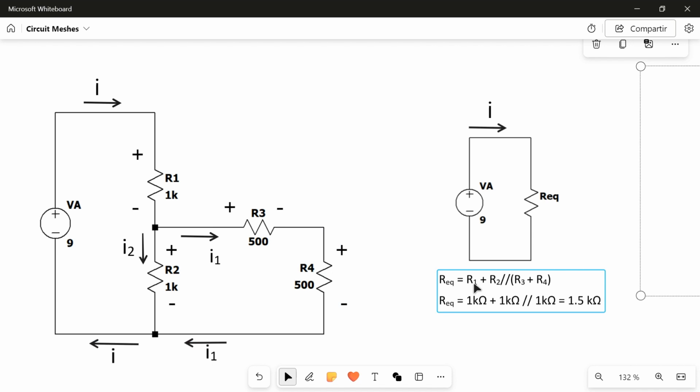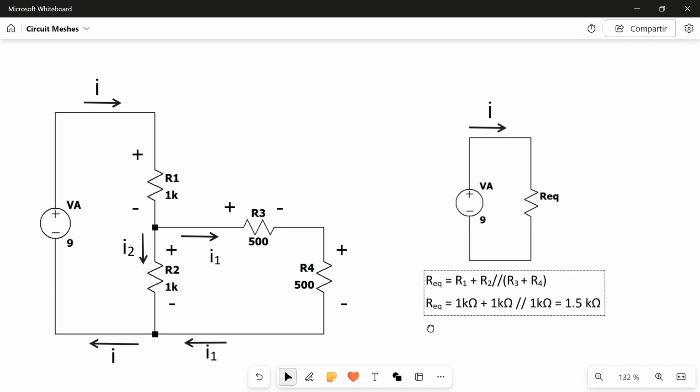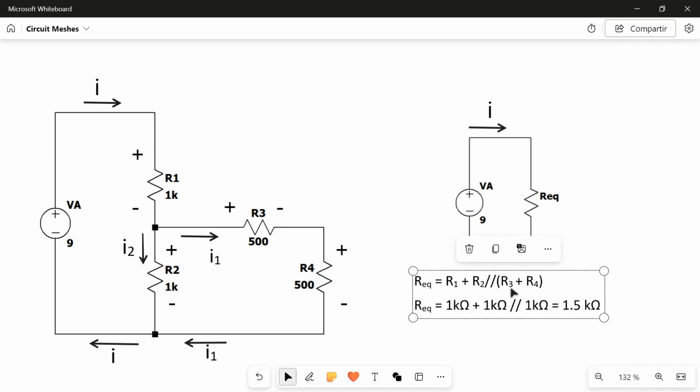We changed values here. R1 is 1 kilo ohm, R2 is 1 kilo ohm, in parallel with 500 plus 500 ohm, so 1 kilo ohm here. 1 kilo ohm in parallel with 1 kilo ohm is half kilo ohm. So basically, the equivalent resistance is 1.5 kilo ohm.